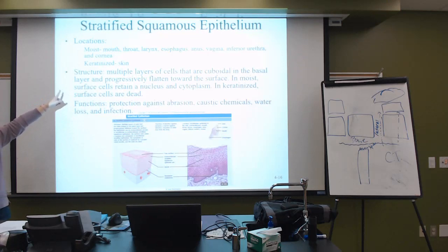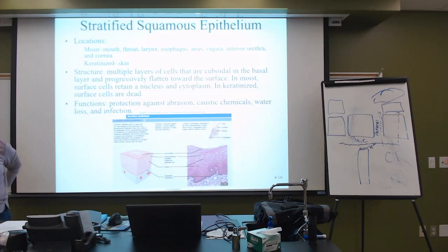So, in the moist areas, those surface cells keep a nucleus and their cytoplasm. They keep the structure, okay? But in the skin, the keratinized, those cells get flat. All right? Keratinized just means it's dead.